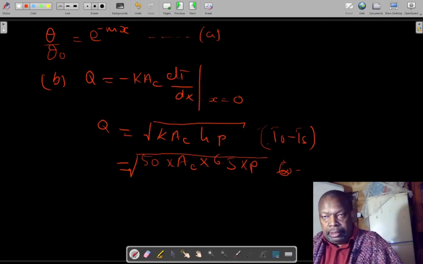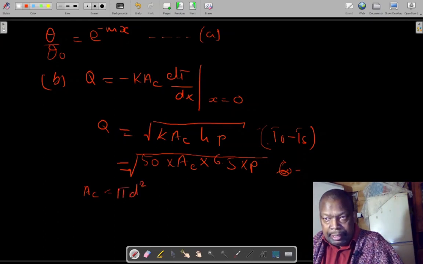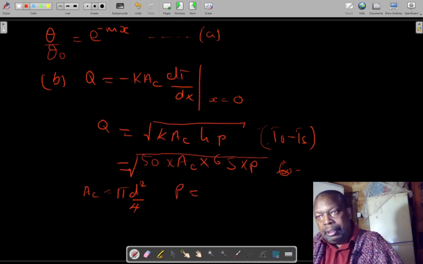Now area Ac is equal to pi d squared over 4, and the perimeter P is equal to pi d.